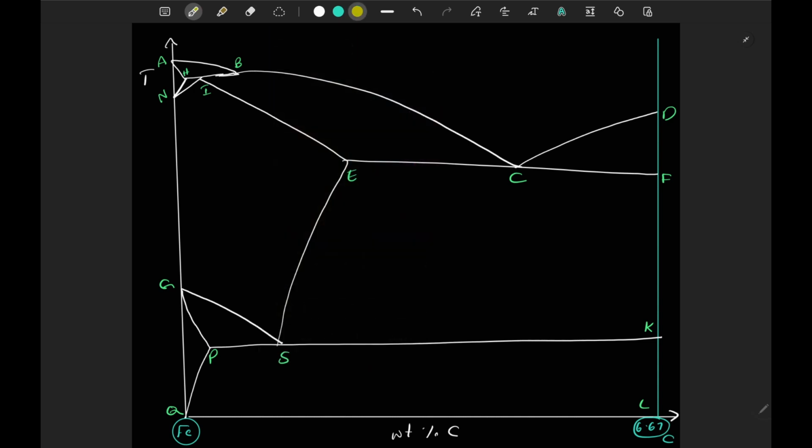Now the different lines that I have just drawn on the diagram, each of these lines represents phase boundaries. So in between these phase boundaries, we have different phases.